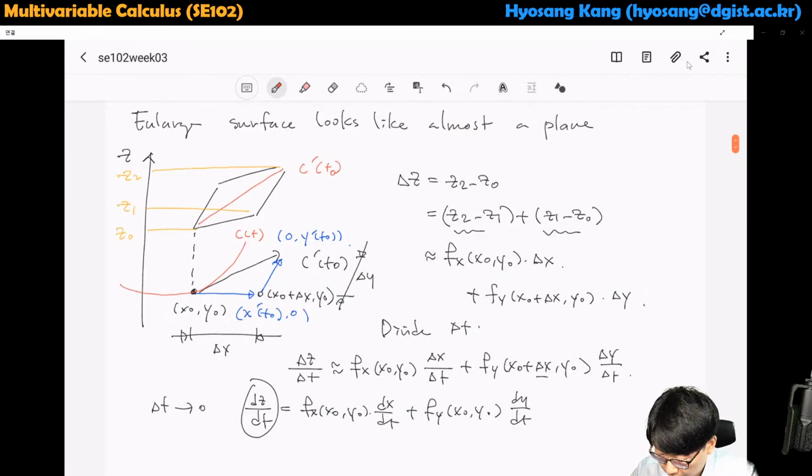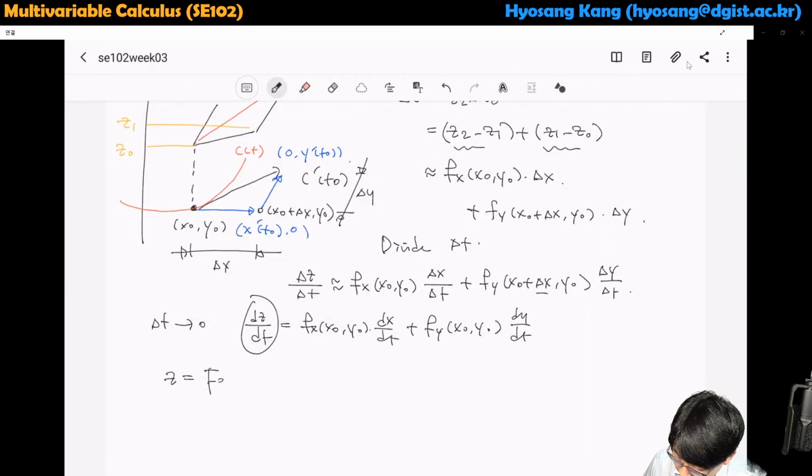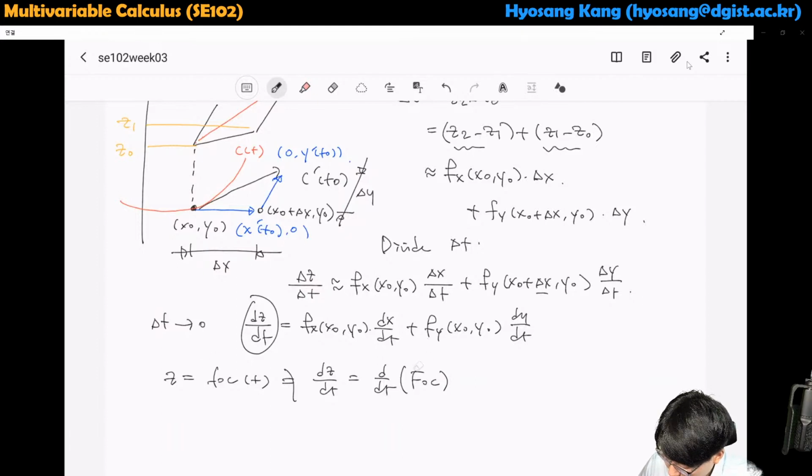So this straight line, the straight line on this flat plane, is an approximation of a curved line inside of a surface, but that's fine because we're going to send our delta t to 0, which becomes actually the same if you take the infinitesimal change of t. So this z is simply f composite c. So therefore dz/dt is nothing but d/dt of f composite c. So therefore that's df/dt.